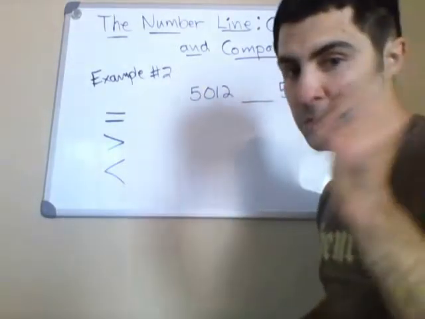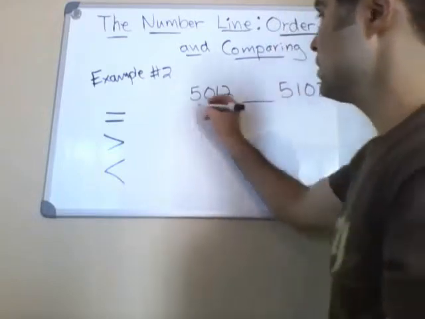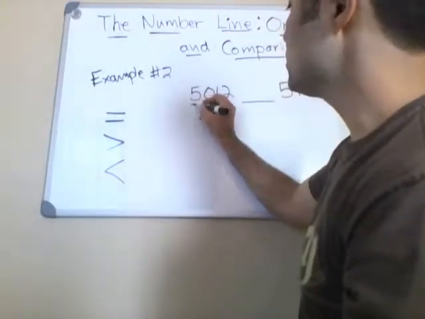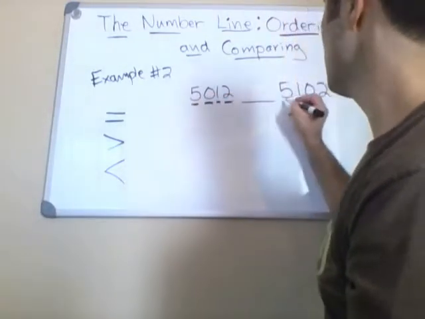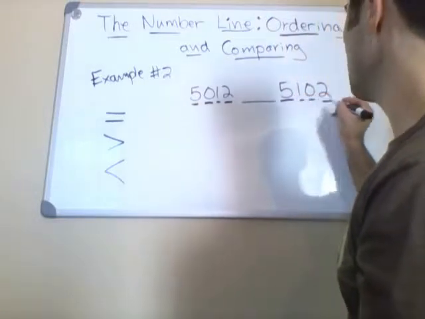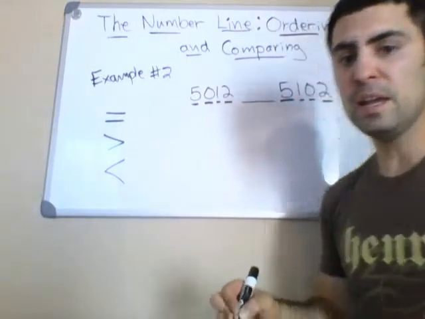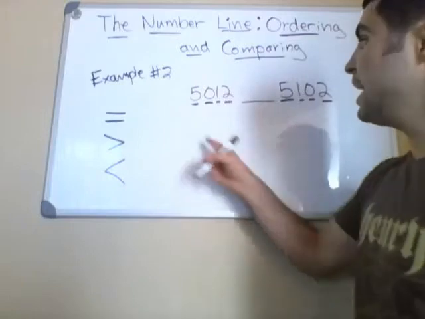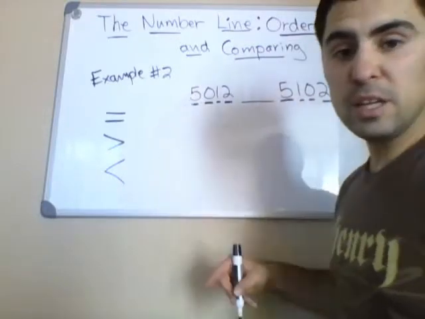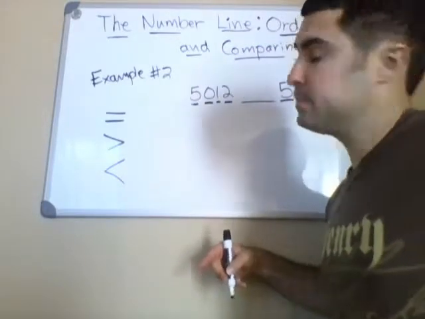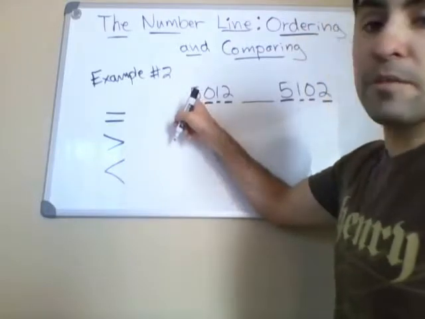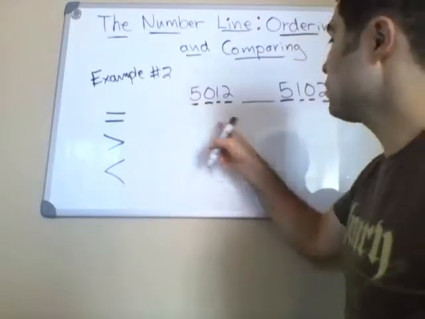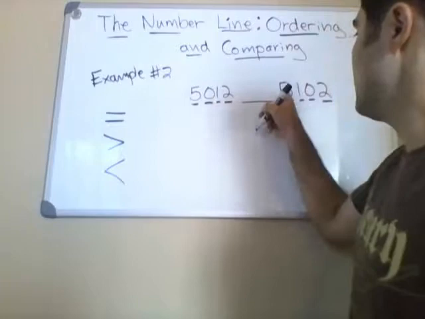You can only use this little trick if you have the same number of digits: 1, 2, 3, 4 and 1, 2, 3, 4. These have the same number of digits, and the number at the far left of this large number is 5 and 5.